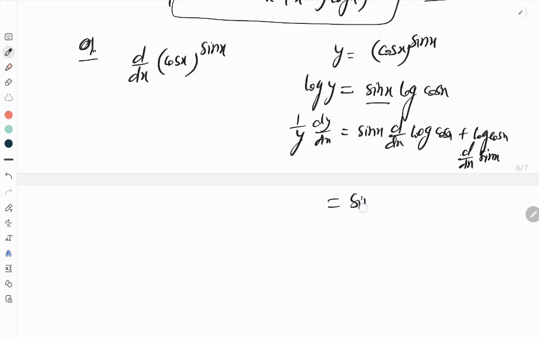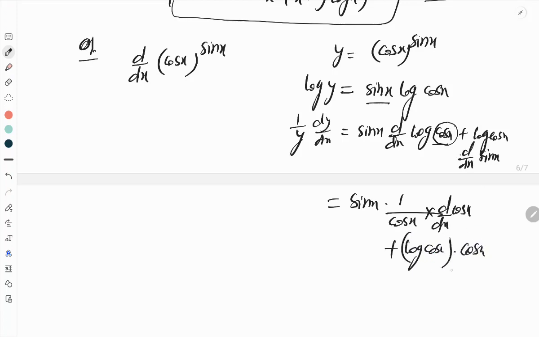So it will be sin x into derivative of log cos x. If you don't know log cos x, treat cos x like x, and it will be 1 upon cos x into dy dx of cos x, because this is not x, plus log cos x into dy dx of sin x, that is cos x. Now just solve it. Derivative of cos x is minus sin x. So sin x into minus sin x upon cos x plus cos x into log cos x. This is the answer. I hope this is clear to you.